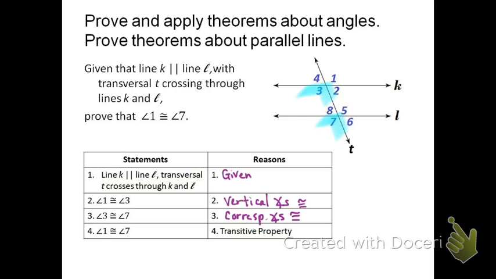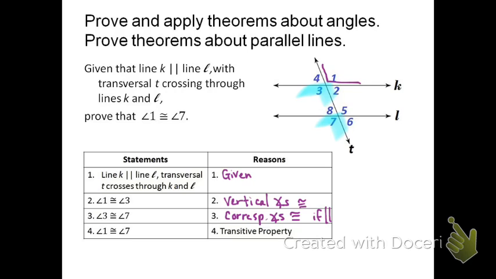And you could actually say it's the corresponding angles theorem if you want. That's because corresponding angles are congruent if parallel. So that's something we could write down. If two lines are parallel, then your corresponding angles are congruent. And finally, we have angle 1 is congruent to angle 7.